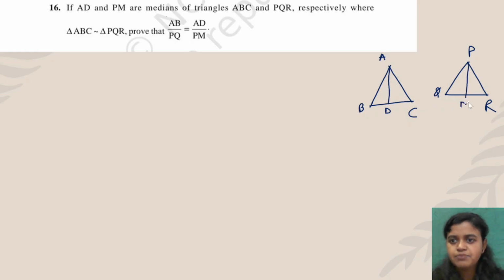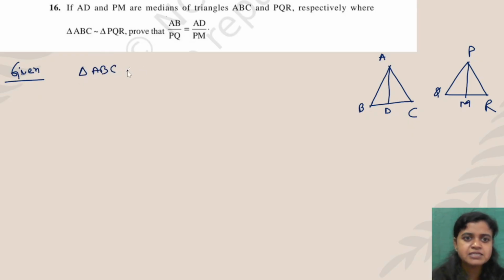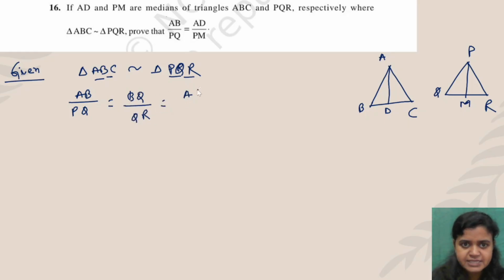And it is given that triangle ABC is similar to triangle PQR. So first we write what is given. Since triangle ABC is similar to triangle PQR, we can write AB by PQ, and BC by QR, and AC by PR. This is given.